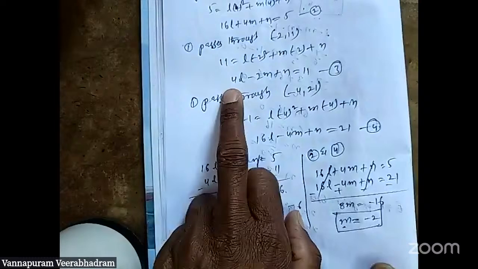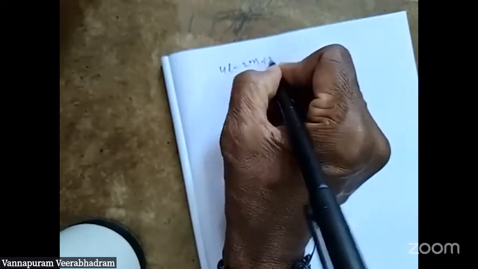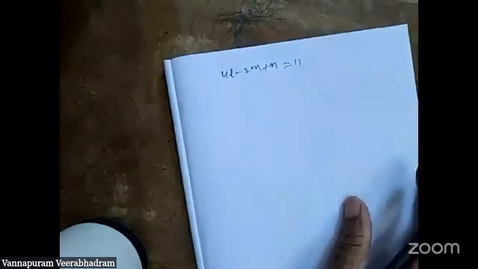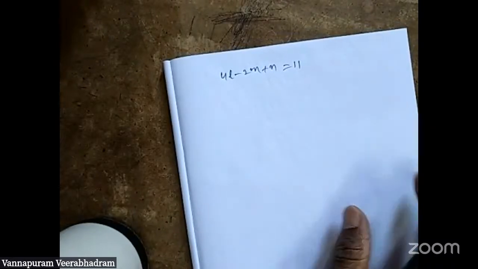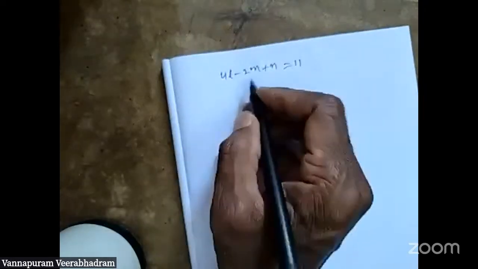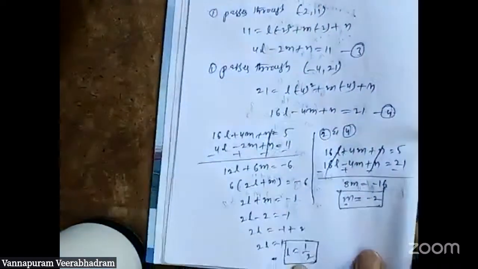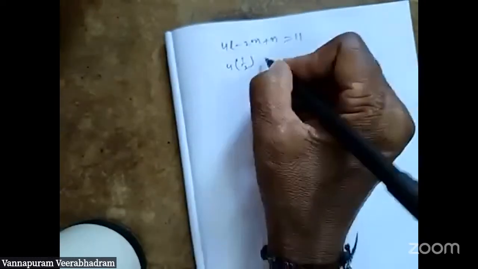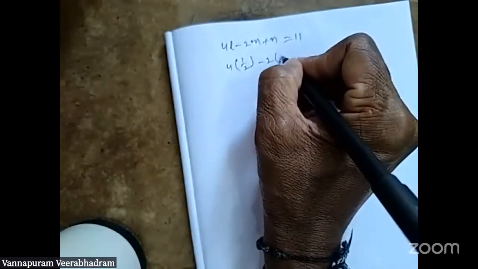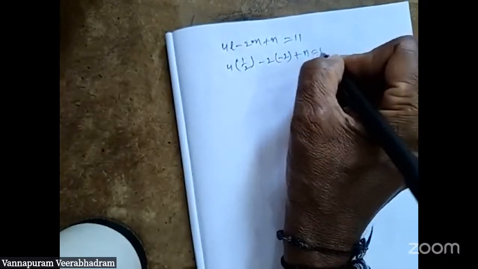So from the equation 3, 4L minus 2m plus n is equal to 11. Substitute the value of L and m. That is 4 into L value is 1 by 2, m value is minus 2. 4 into 1 by 2 minus 2 into minus 2 plus n is equal to 11.